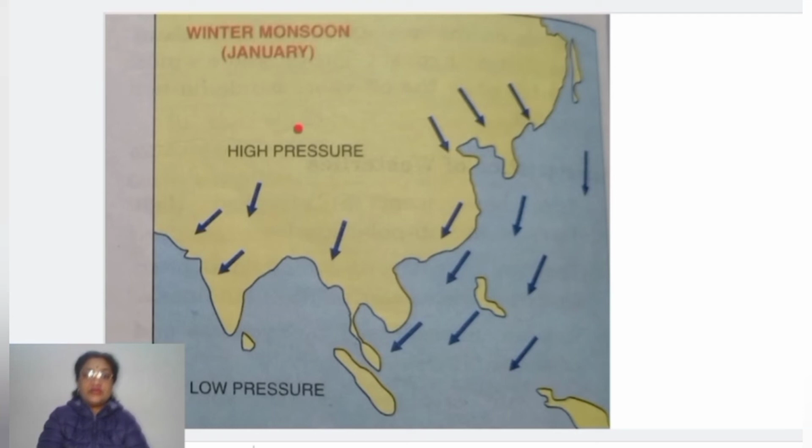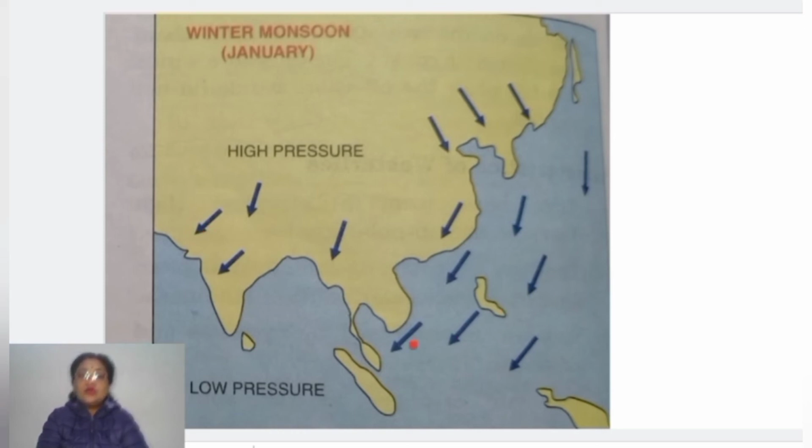Again it is the same nature of land and sea. Land gets hot as well as cool faster than the sea or the ocean. So during winters it gets cool much faster than the nearby sea or ocean.